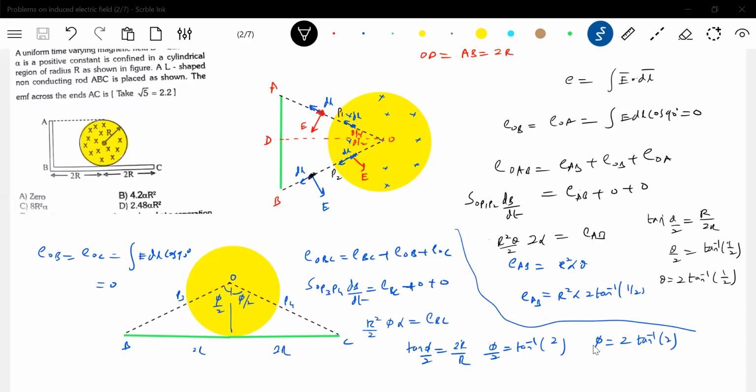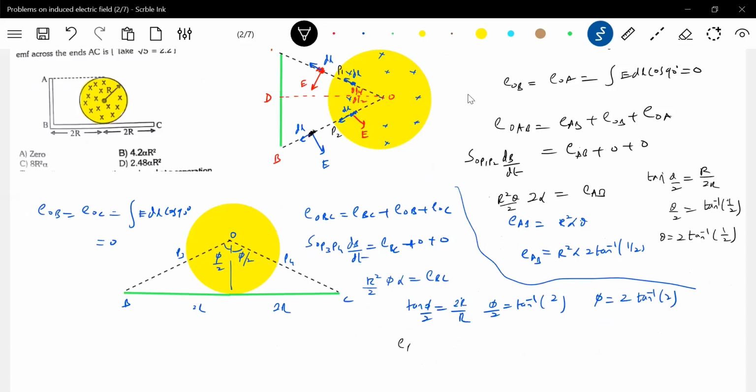Pi r square alpha, total EMF induced. Okay, I'll substitute this. So EBC is equal to r square by 2 r square alpha tan inverse of 2.